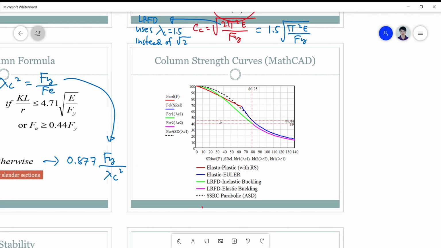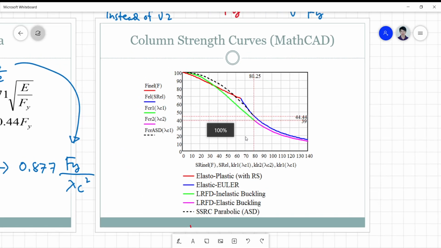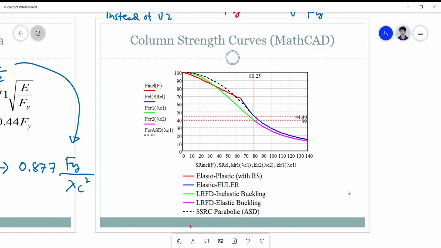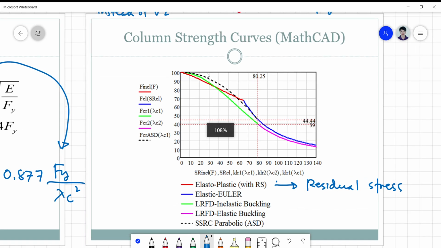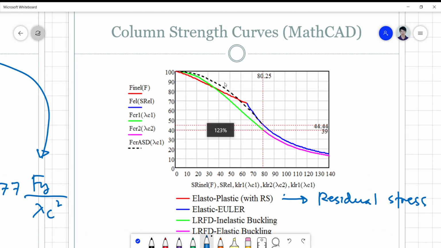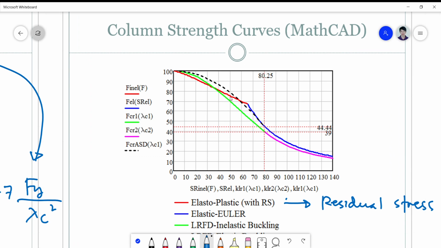So I have here now a comparison between the LRFD and the AISC formula, and an additional residual stress method, to show you how the column strength curves compare. So if you look into this graph, which do you think is the more conservative? Which is the more efficient?